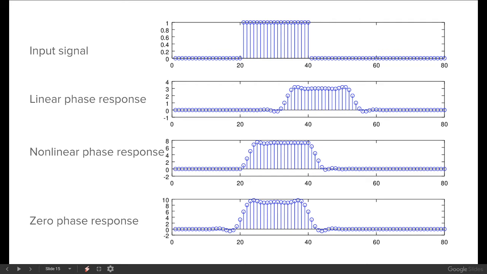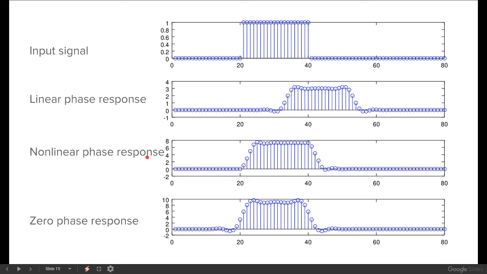A linear phase response system actually gives you something like this, low pass filter, and basically it's symmetric. The output is symmetric, so it means that the overshoot before and after the rising edge are the same, so it's totally symmetric.